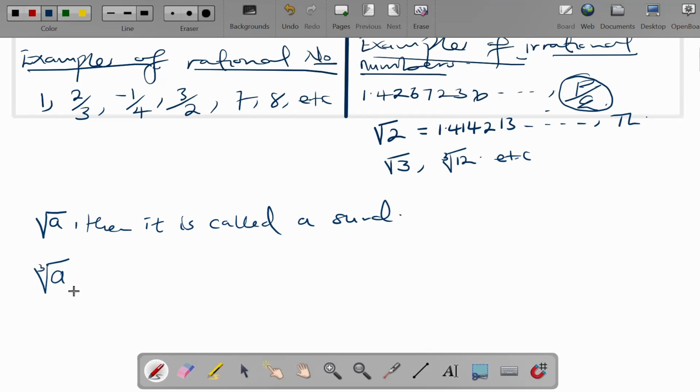Still this is a surd of third degree, and all these ones are surds. But in this topic, we shall talk of the surds or the irrational numbers of second degree. And what does it mean?